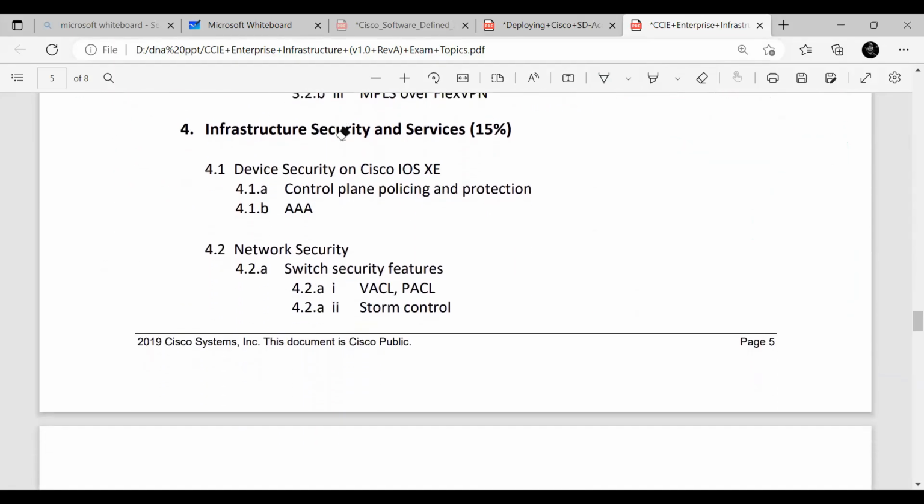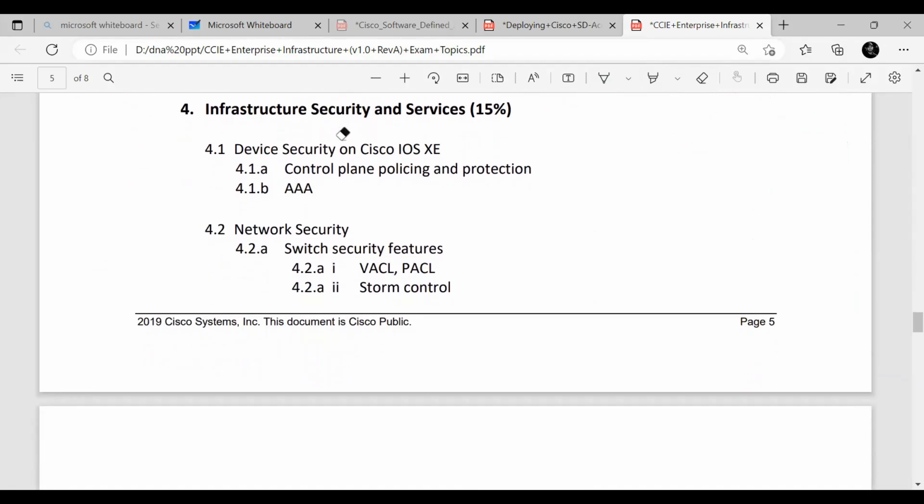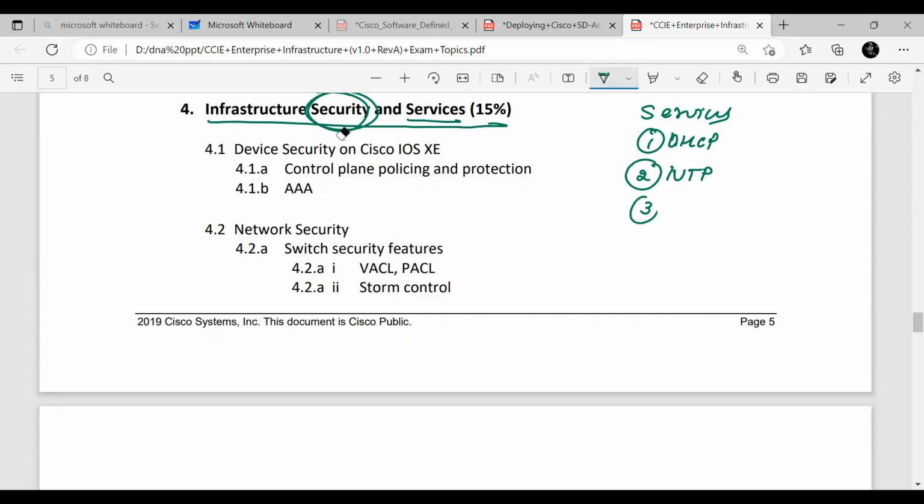Then infrastructure, security, and services, which is 15% of the syllabus. In services, we have DHCP, NTP, and FHRP.